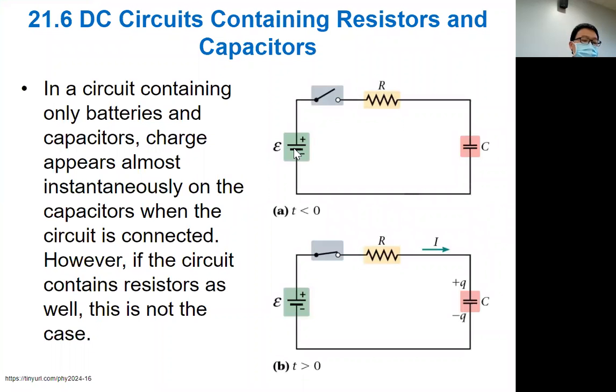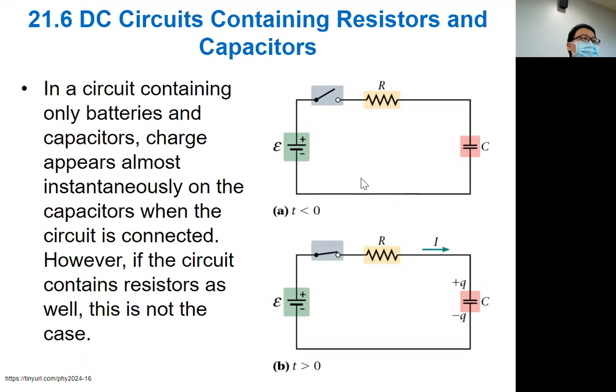So today we are going to look at another type of circuit which has both a resistor and a capacitor. There's a resistor and a capacitor in series, a power supply, and a switch.